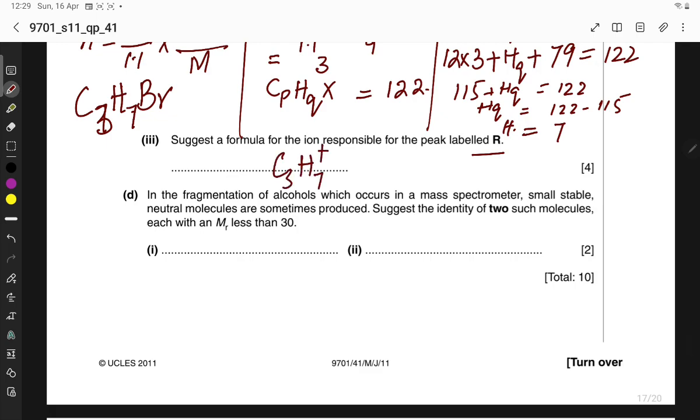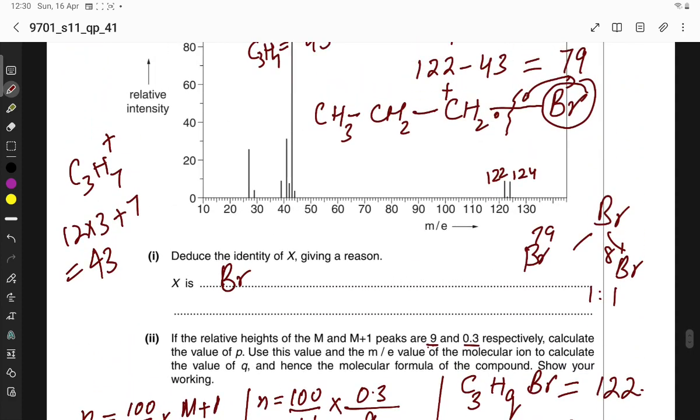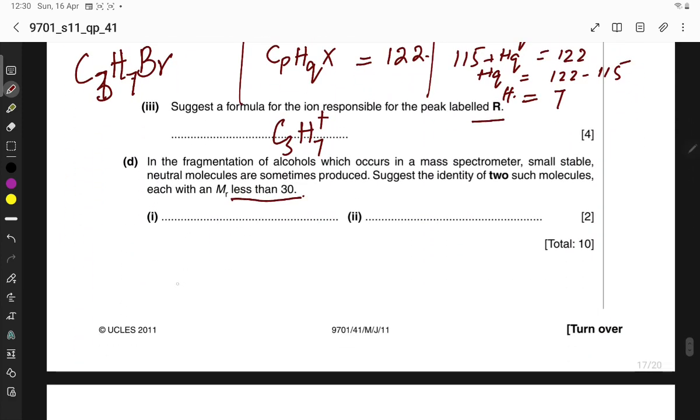In the fragmentation of alcohols which occurs in the mass spectrometer, small stable neutral molecules are sometimes produced. Suggest the identity of two such molecules, each with an Mr less than 30. These are two molecules which mostly do not appear on the mass spectrum.